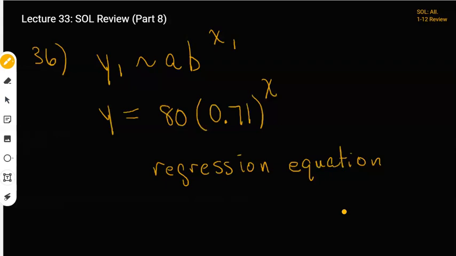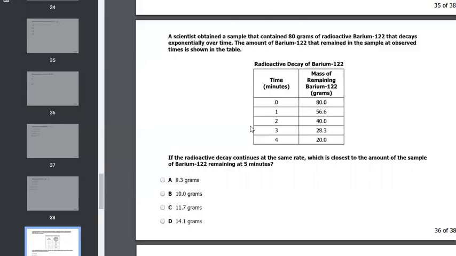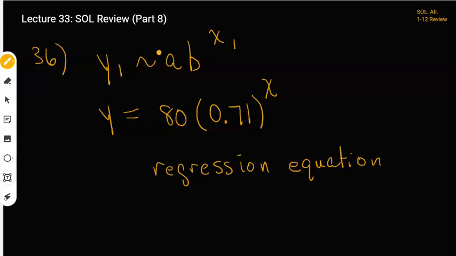Okay, so which answer choice best matches this? They don't give you an equation, but they do ask you to make a prediction, right? And this one says, if it continues at the same rate, what happens to y if x equals 5? What if x equals 5?